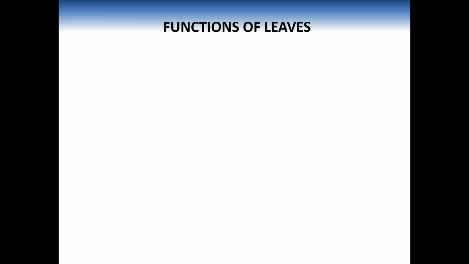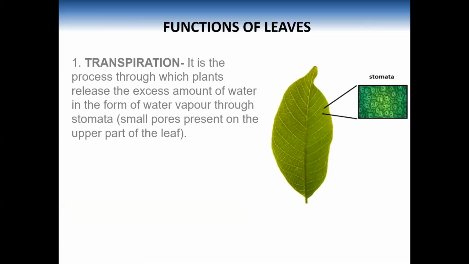What are the functions of leaves? First function is transpiration. It is a process through which plants release the excess amount of water in the form of water vapor through stomata. Stomata are the tiny pores present on the leaf, which release water in the form of water vapor.